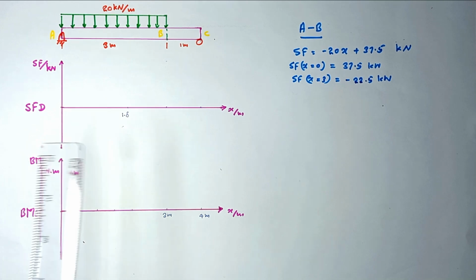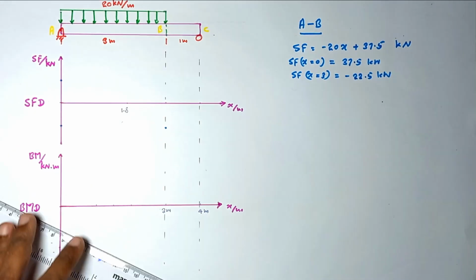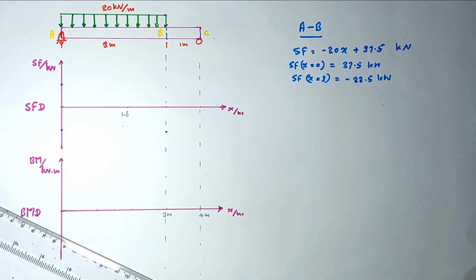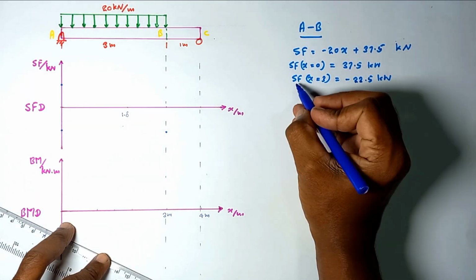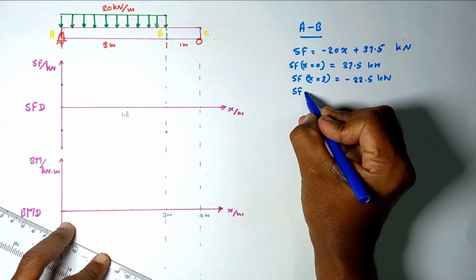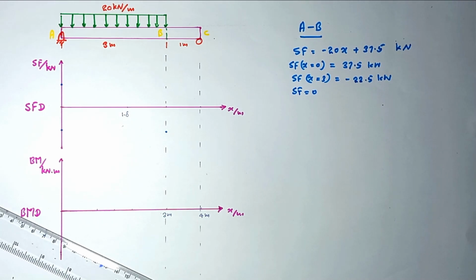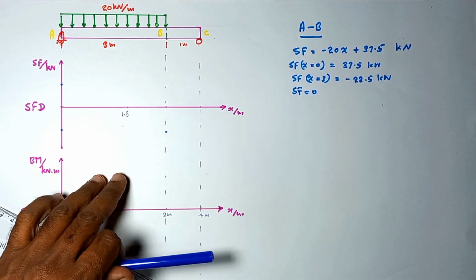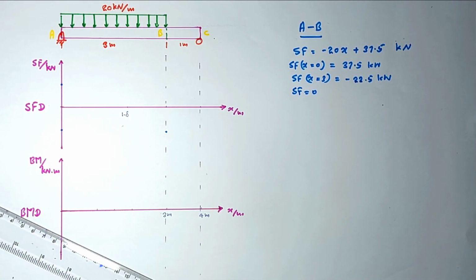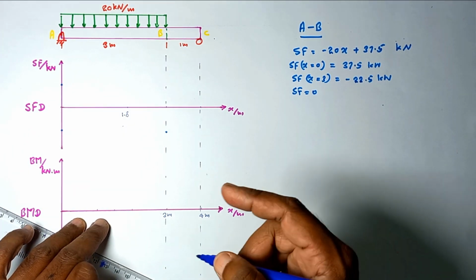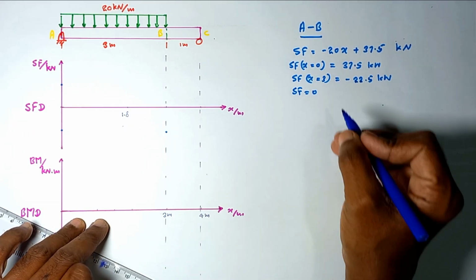Again, we have to mark another thing: the point where the shear force is equal to 0. So we are going to find where the shear force curve intersects the x-axis.